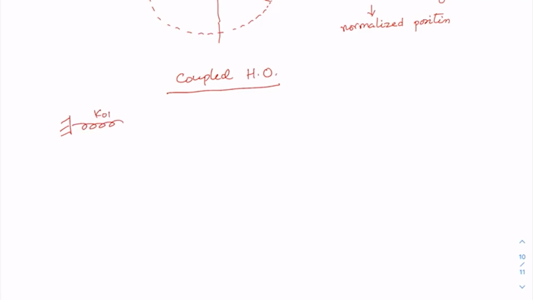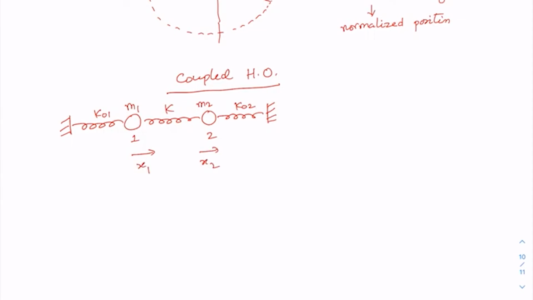I have a spring of spring constant k01 and mass m1 attached to it, and another spring of spring constant k02 and a mass m2 attached to it, and they are coupled by a spring of spring constant k. Say this mass oscillator is displaced from the equilibrium position by x1, and this one is displaced by x2.